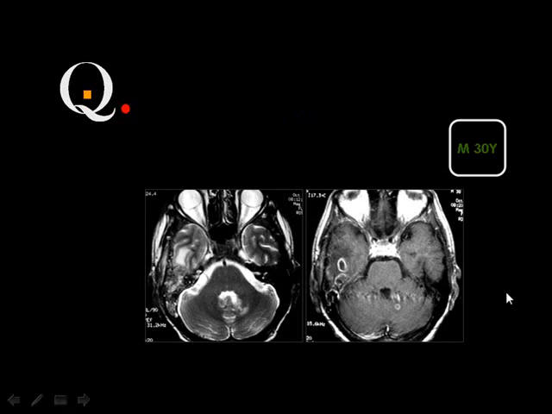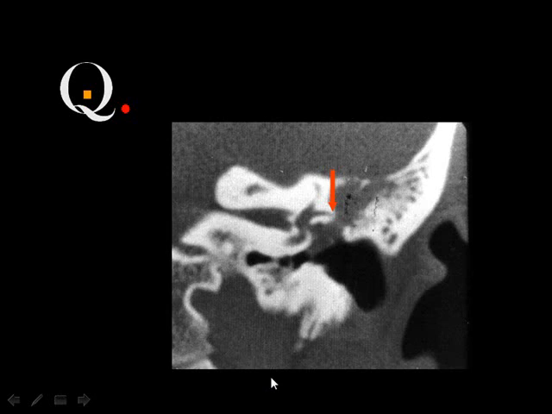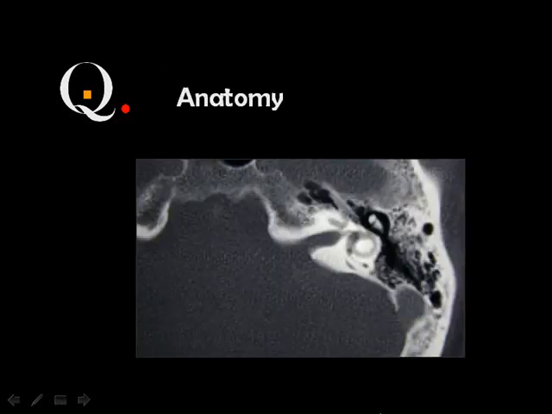Yes, this is a brain abscess complicating otitis media and mastoiditis on the right side by MRI. What is the diagnosis? Cholesteatoma. And the arrow points to? Erosion of the, which semicircular canal? This one? The lateral. Erosion of the lateral semicircular canal, which is diagnostic of labyrinthine fistula.